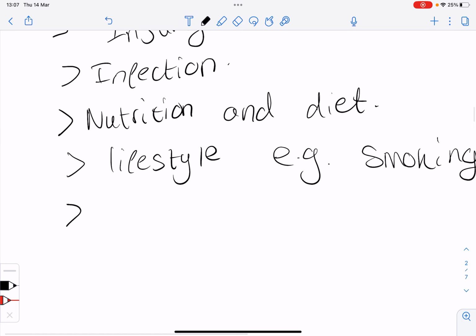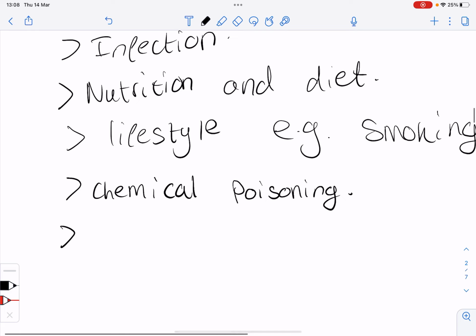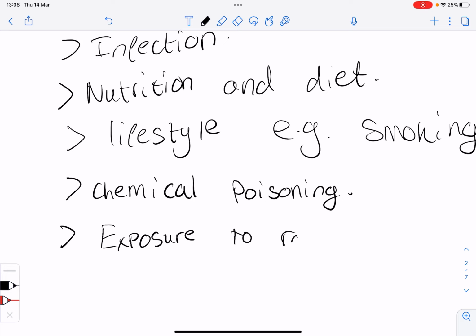Chemical poisoning. And exposure to radiation. So again, it could fit with lifestyle. If you're a radiologist, you are exposed to radiation. Or even sunlight, that's a type of radiation.